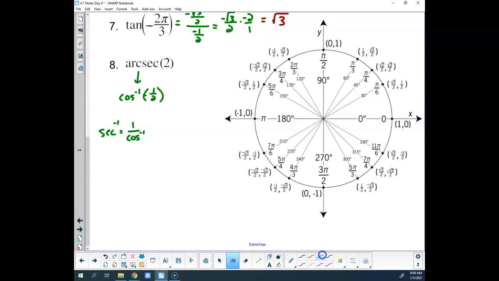So if I reciprocate then, that gives me what I'm looking for. Right side, so I'm thinking that puts me back at pi over 3, correct? For it to be top half, puts me at pi over 3.